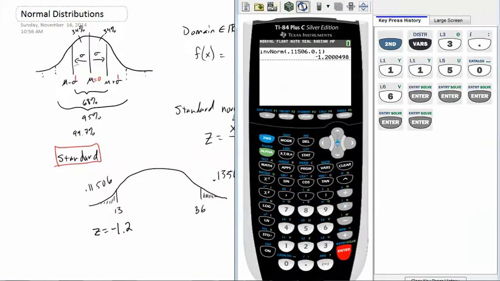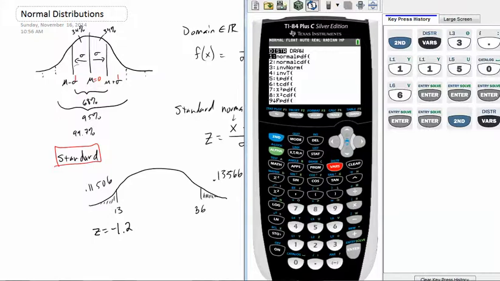And then we'll do the other one. Now recognize that on the other one, our area is above, and the area that inverse norm asks for is the area below, right? Whenever we do a cumulative distribution function, it's always considering the values below it.